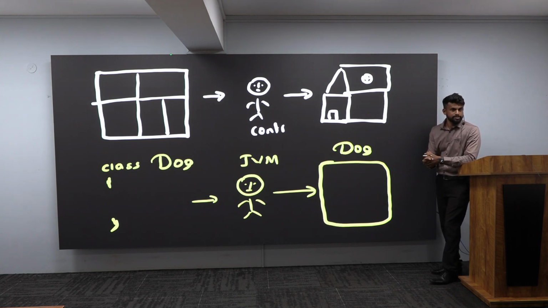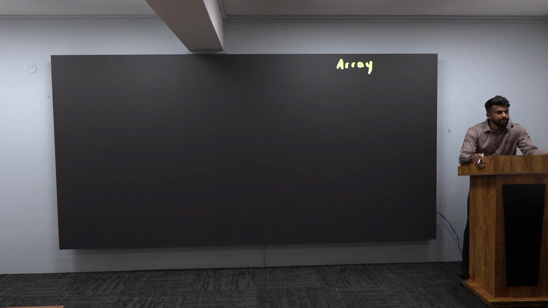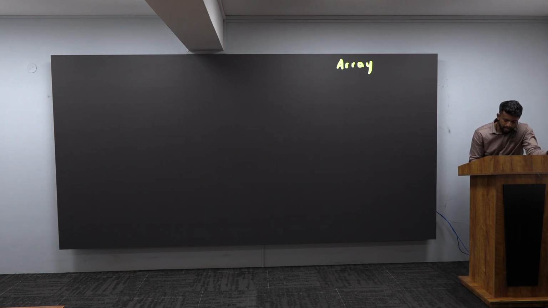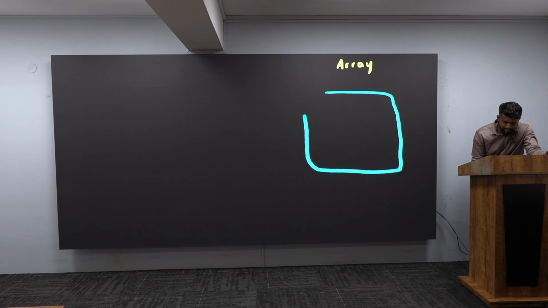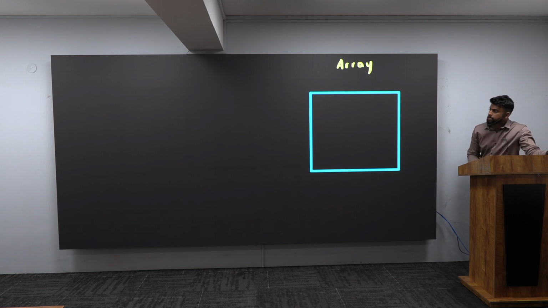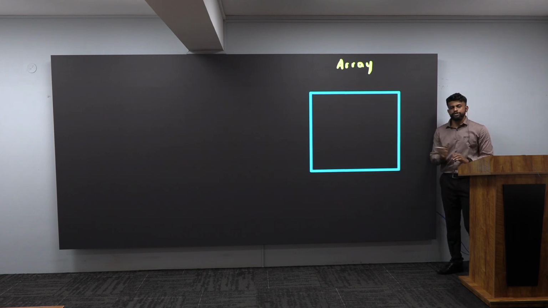Always remember this. With this knowledge, let me proceed further. What are arrays? Arrays are objects. Fantastic. Let me represent it like this. This is an object. If I have to create an object, what do you need?